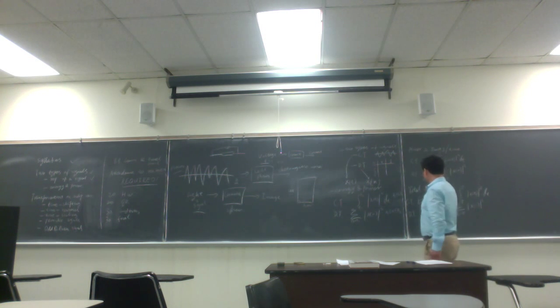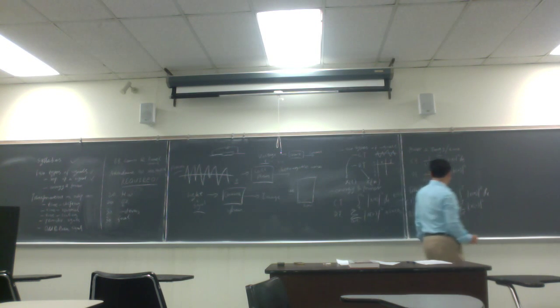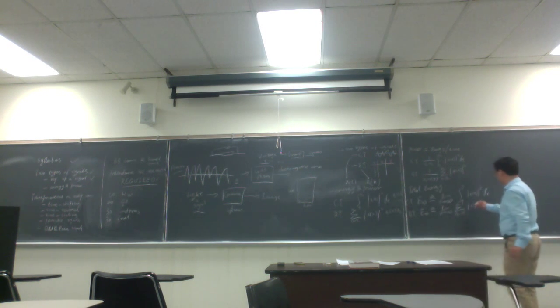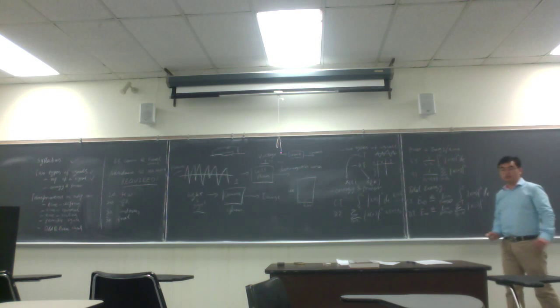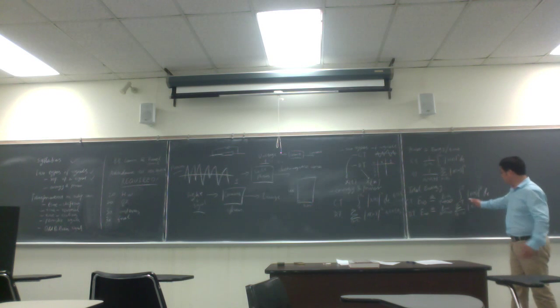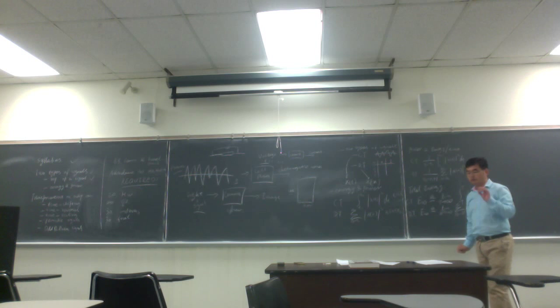So this is the total energy for continuous and discrete time signals. Since it involves an integral and a sum, in some cases this integral and sum may diverge, so they will not converge to a fixed point.